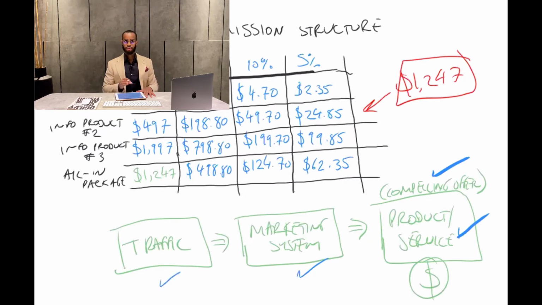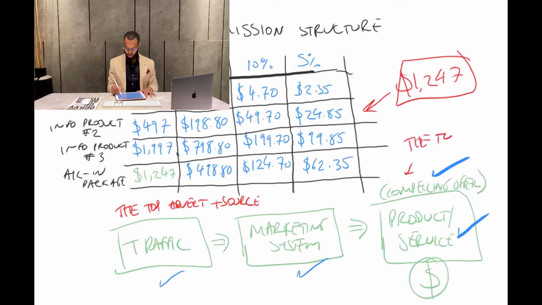24 hours a day, 7 days a week, all year round, tests are always getting conducted, which means you will always have the top advert and source, and you will always have the top offer.